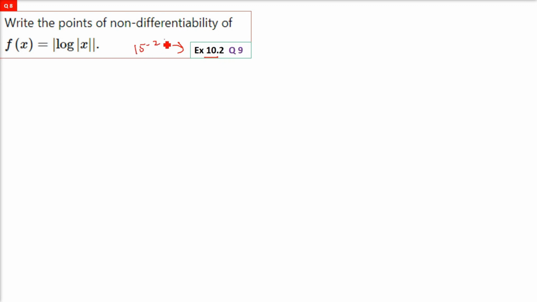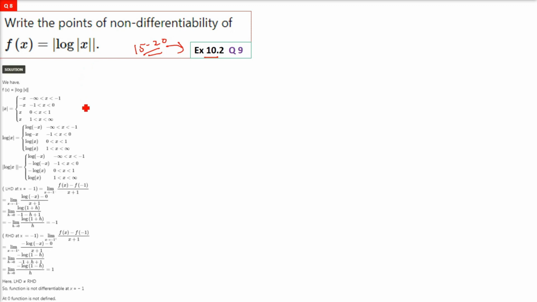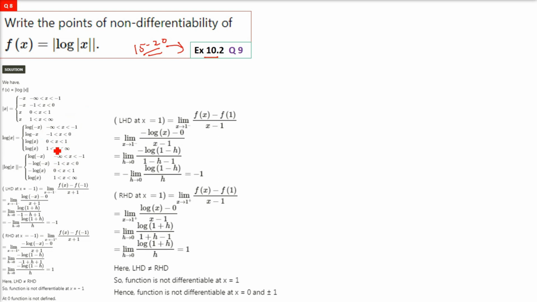It is going to be around 15 to 20 minute discussion, the solution of that. We have already done this. So I would encourage you to just watch 10.2 exercise, question number 9. How this has come, I have explained it in great detail. And if you want to do it again, you can just do it. Okay, and take a reference here.